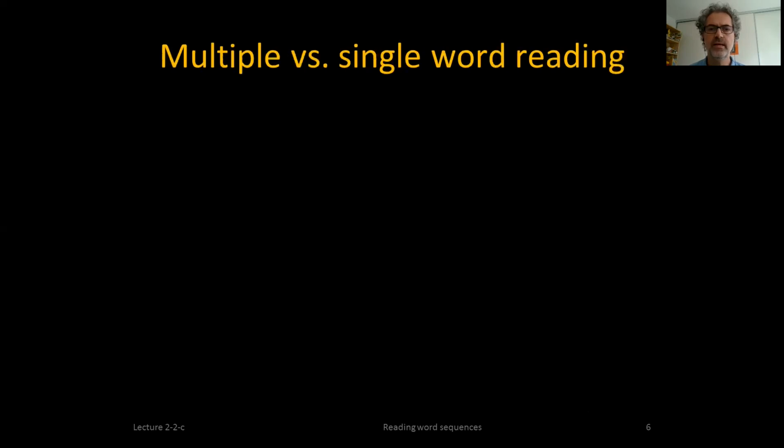Let us now take into account some observations that we have seen from considering eye movements in reading. What is different between reading a single word and reading a sequence of words or a sentence? The first thing is preview.